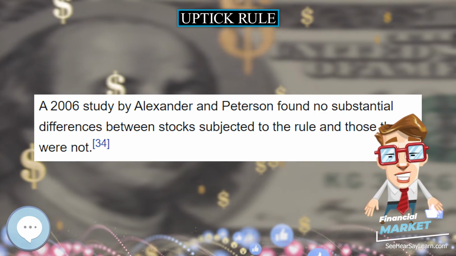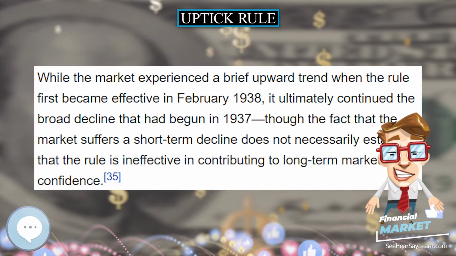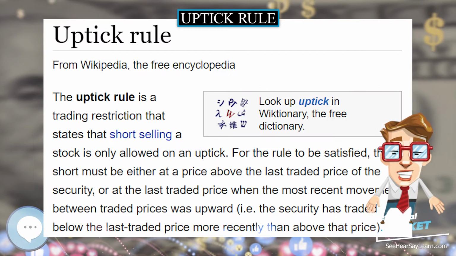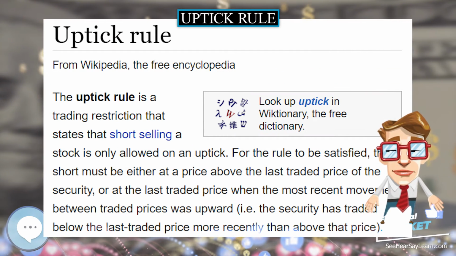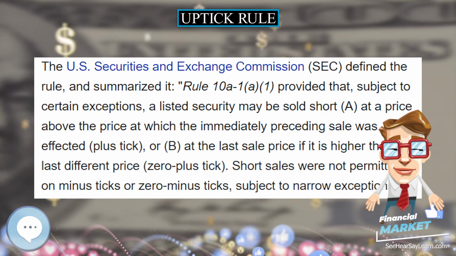Impose the requirements of paragraph B1I of this section for the remainder of the day and the following day when a national best bid for the covered security is calculated and disseminated on a current and continuing basis by a plan processor pursuant to an effective national market system plan.